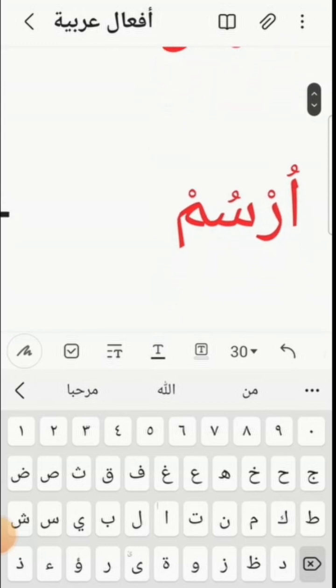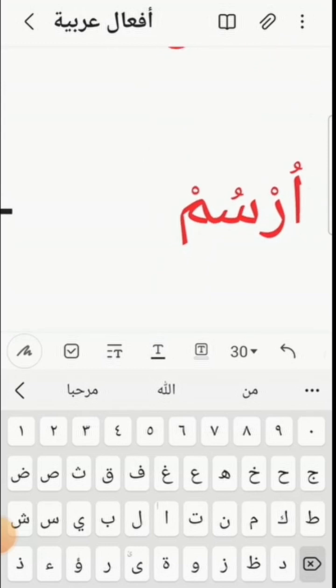And then the last one we had was ارسم. ارسم means to draw. So I can say ارسم الحرف, for example. Literally draw the letter. Or I can say ارسم الصورة, draw a picture. Say ارسم الولد, draw the boy.